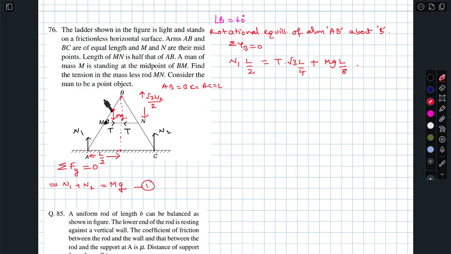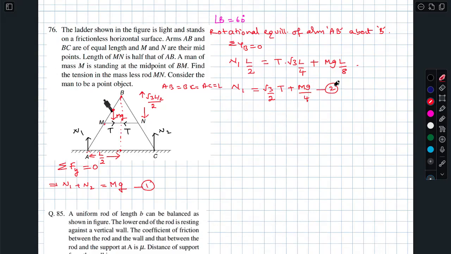Half length L by 2, L by 4. Because L by 2 cos 60. Now this is L by 4 cos 60. So therefore L by 8. Done. So with this I can write N1 is equal to √3 by 2 T plus Mg by 4. Let this be equation 2.